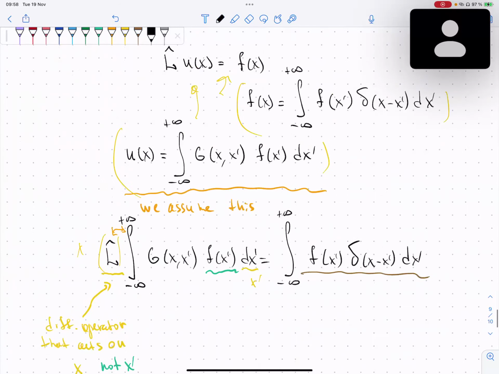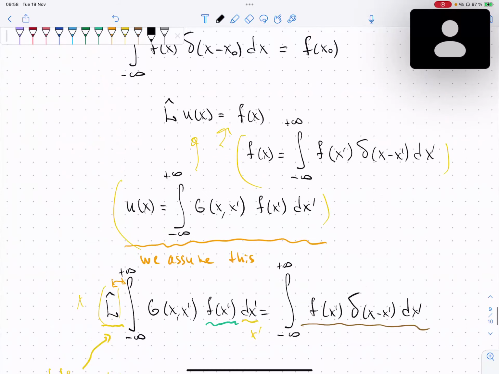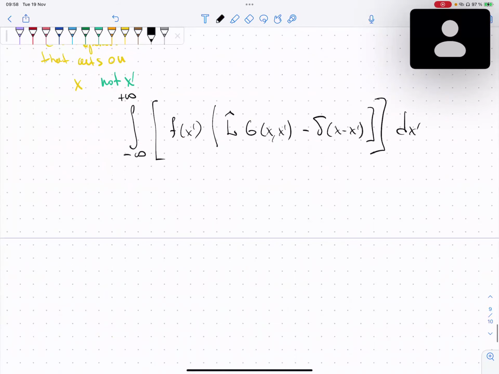So we can see that this very hard equation is reduced to the following equation: L g of x and x prime equals the delta of x minus x prime.